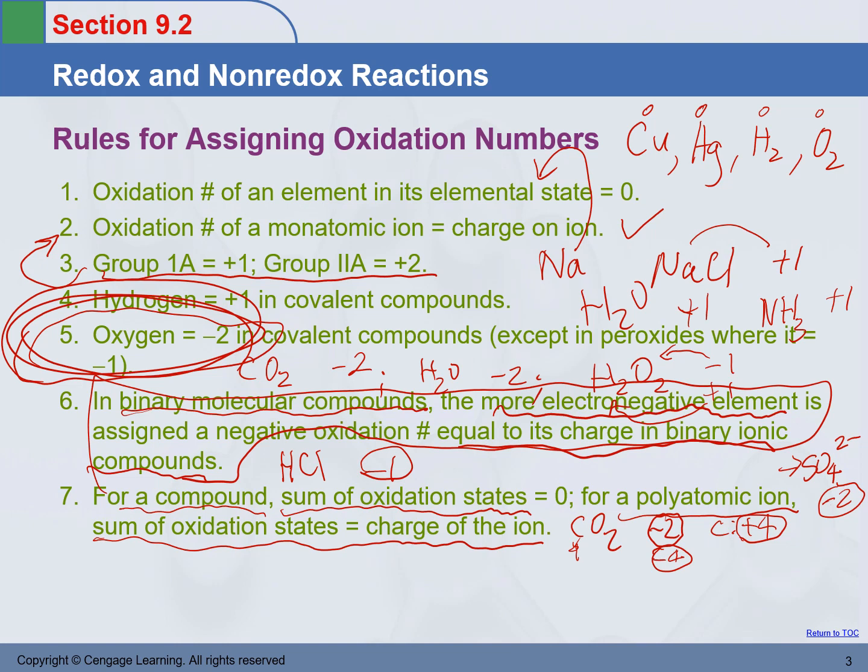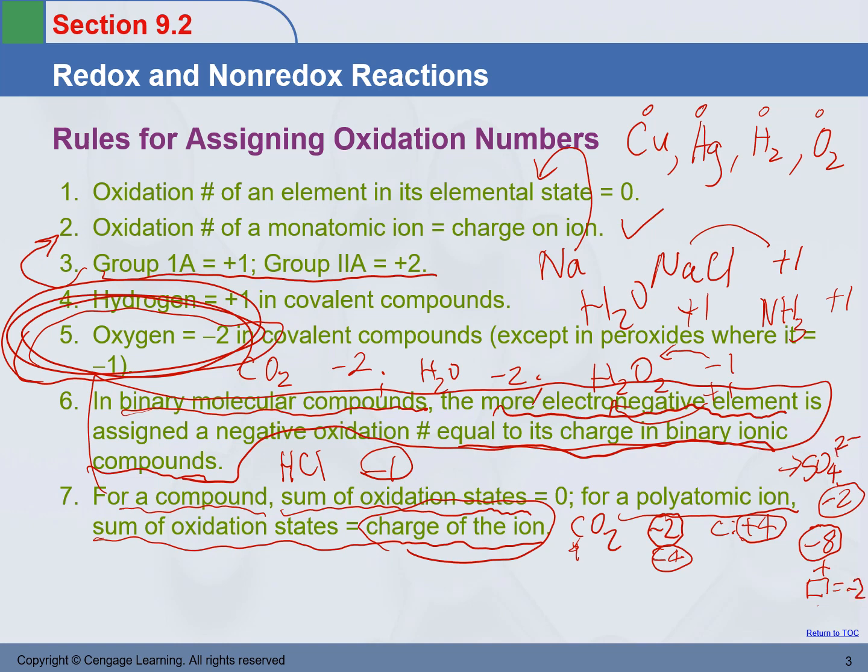Let's see. We have 4 oxygen, 4 times -2. 4 oxygen will contribute -8 to the whole formula. -8 plus whatever is from sulfur, you add them together, they should equal the charge of the ion, which is -2.